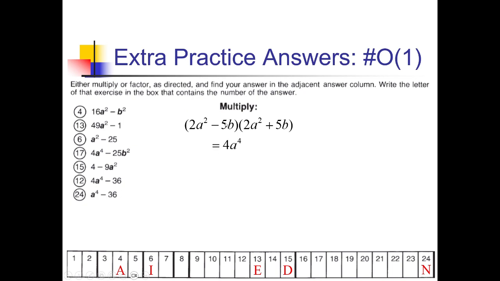And then 5b, if I square that, that's going to be 25b squared. All of that going to be subtracted. And it looks like I've got all that stuff under 17 here, so we have 17 with an O.